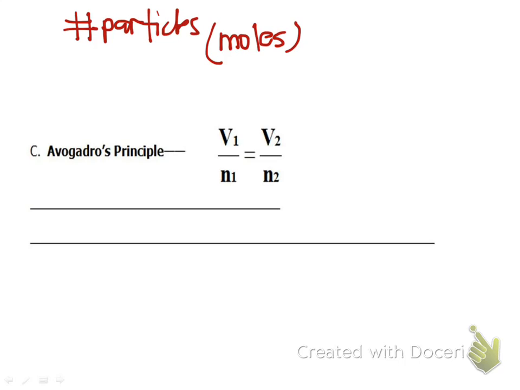Okay, so if you put more and more and more particles inside of a balloon, what's going to happen to that balloon? It's going to get bigger. So you could say that the volume also, what? Increases. Okay, so one more time, direct or inverse? Direct, which means if one goes up, the other one goes up. If one goes down, the other one goes down. Agreed? All right, volume and number of molecules are directly related.